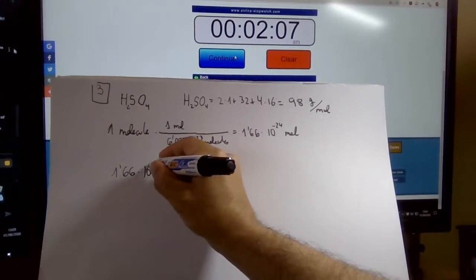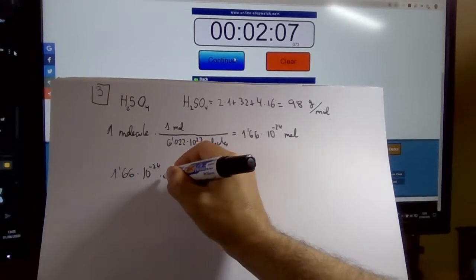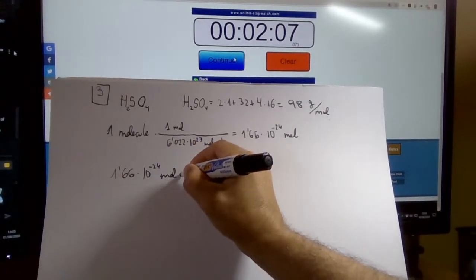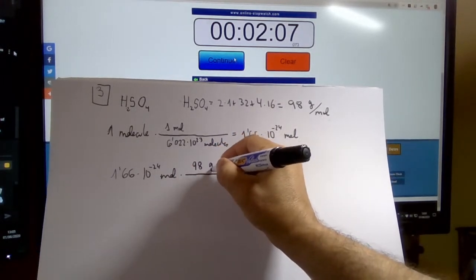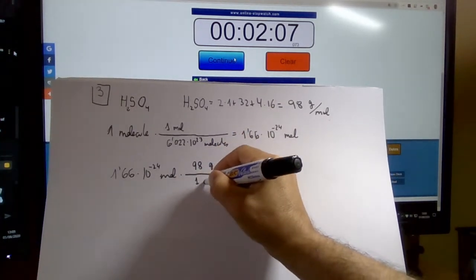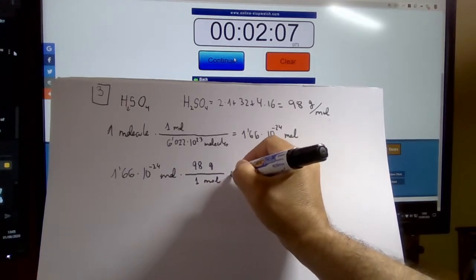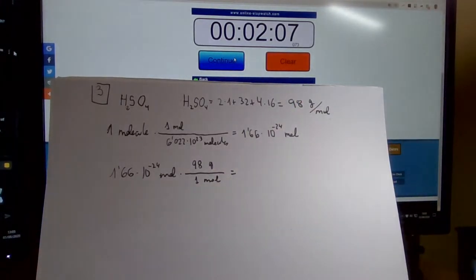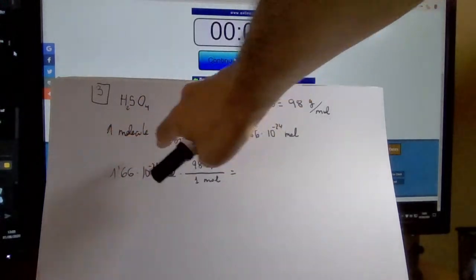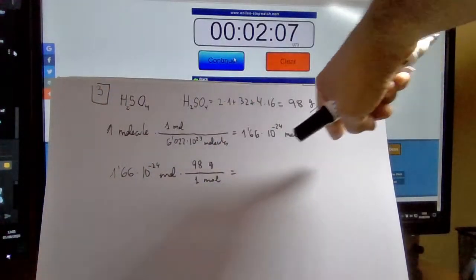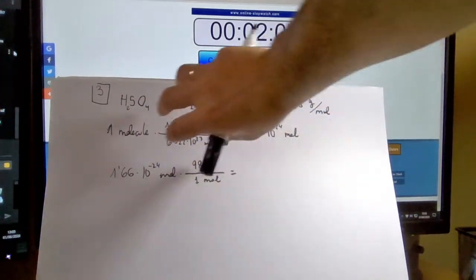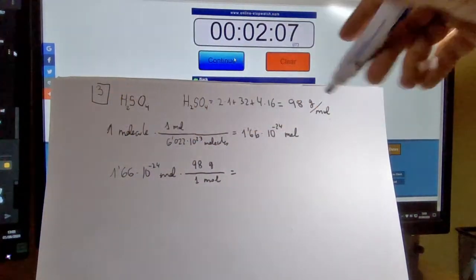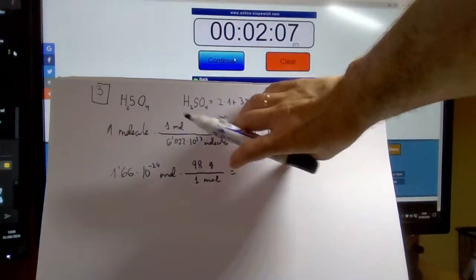10 to the minus 24 mole, and we know that 98 grams is 1 mole. You can do it also in one single calculation, okay? Molecule to mole and another conversion factor and another factor here.